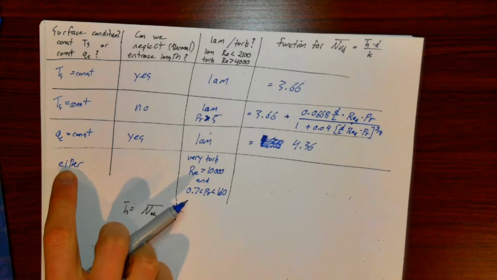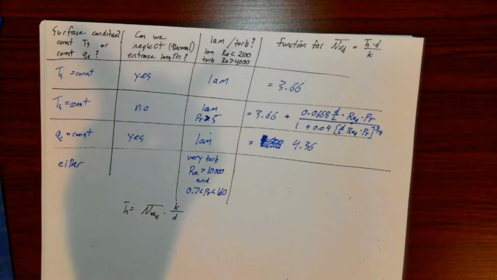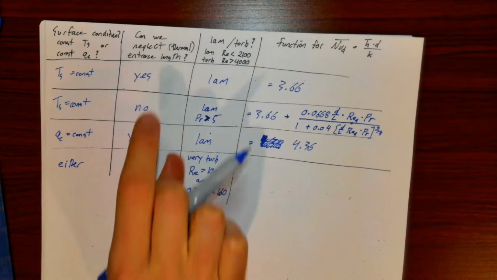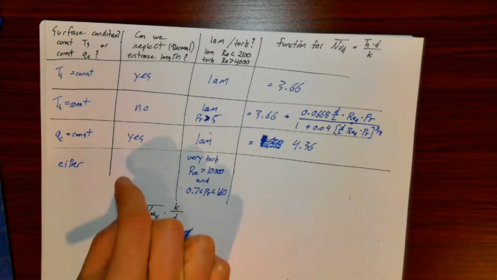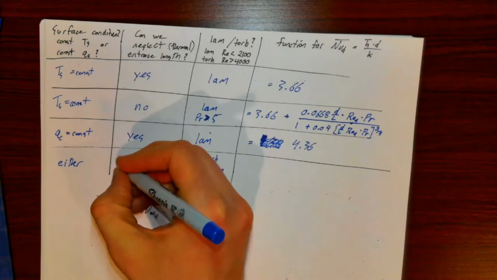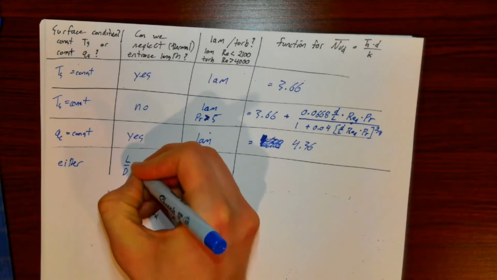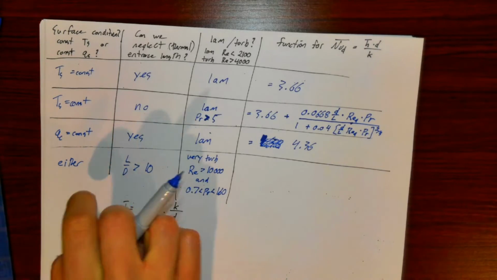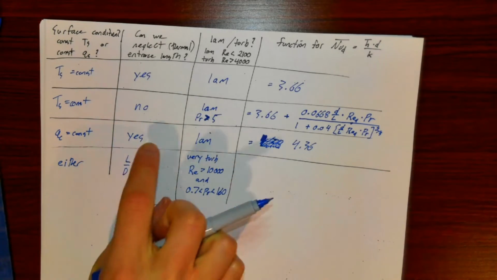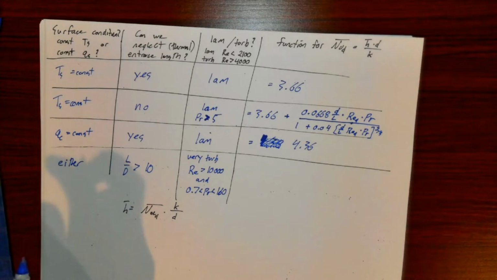So that's pretty nice. And it's restricted in some sense to its thermal entrance length, not explicitly in terms of its thermal entrance length, which we'll talk about later, but restricted to L over D being greater than 10. So basically, the tube needs to be 10 times as long as its diameter in order for this equation to apply.